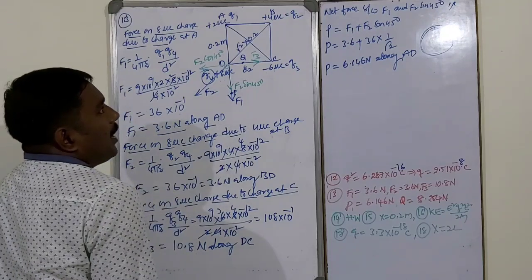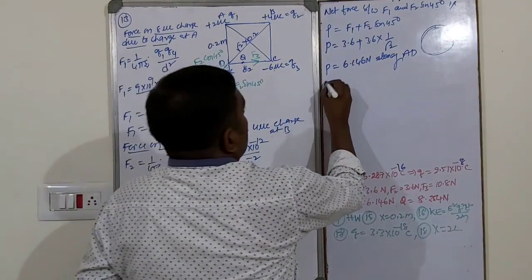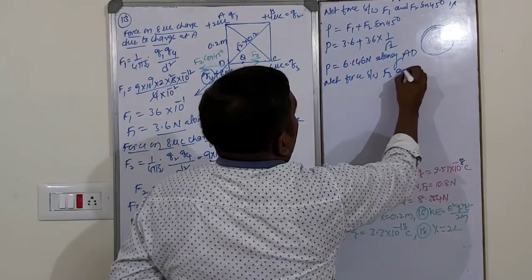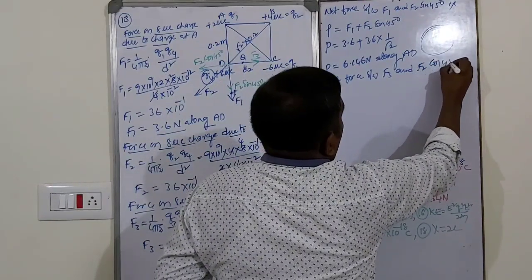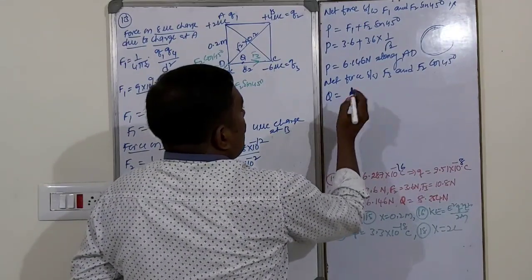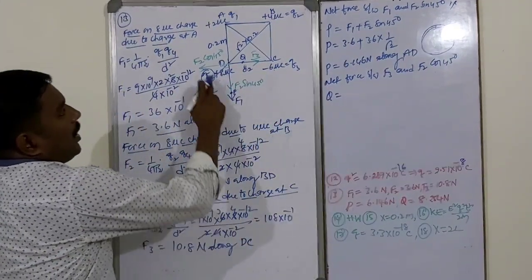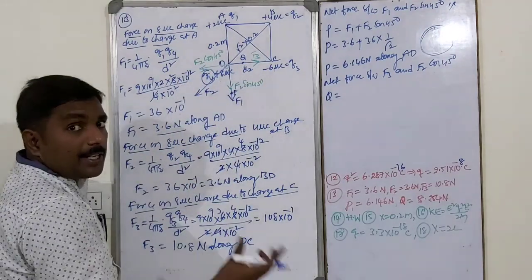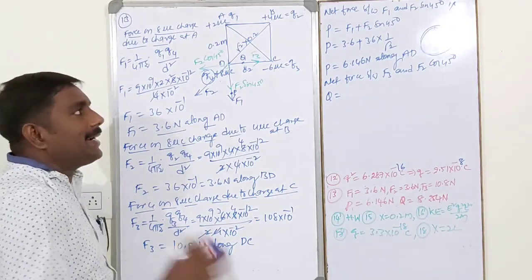Next, the net force between F3 and F2 cos 45 degrees, that is Q. Here, whether F2 cos 45 or F3, please remember, they are in opposite directions. Same direction means they can be added; opposite means they can be subtracted.